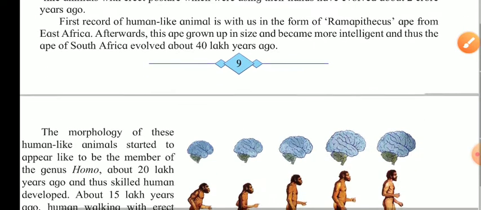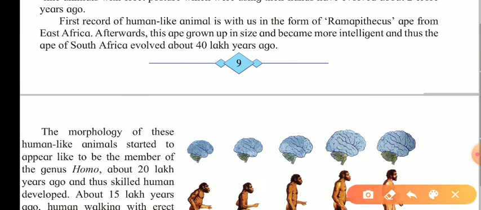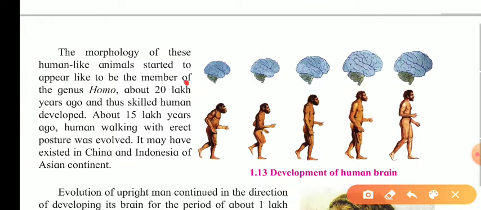Further, they have given the first record of a human-like animal, the Ramapithecus ape from East Africa. Afterwards, this ape grew in size and became more intelligent, and thus the ape of South Africa evolved about 40 lakh years ago.